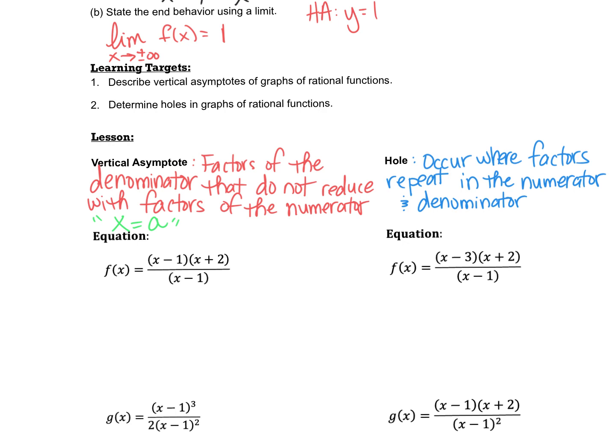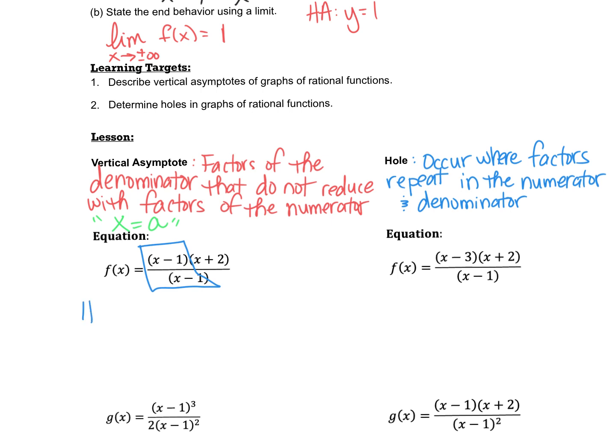So I want to take a look at a couple of equations and see if we can find holes, if we can find asymptotes and all those kinds of things. So I like to start with a hole first just because it's easier to do that way. If I look at this first function, do we have a factor that repeats from the numerator to the denominator? Sure, the factor that repeats is x minus 1.